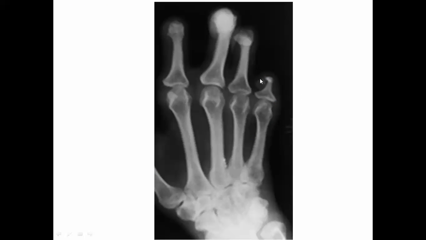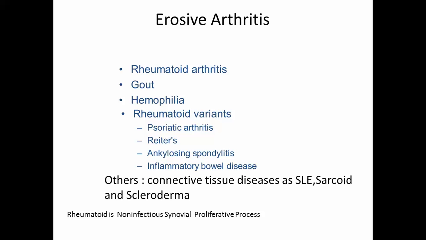Here the other type, in which the changes are mainly due to neuropathy. There is loss of the peripheral, or there is what we call acroosteolysis. Erosive arthritis, this is the third category. We have finished now with the hypertrophic and with the infection. And in the hypertrophic we discussed the degenerative, whether primary or secondary, and we discussed the neuropathic.